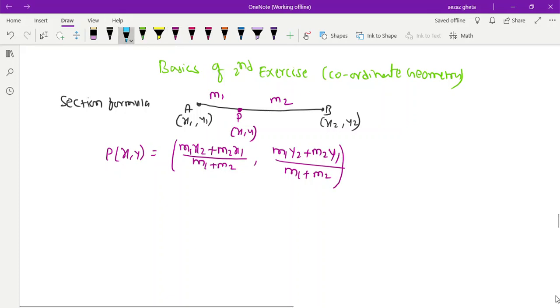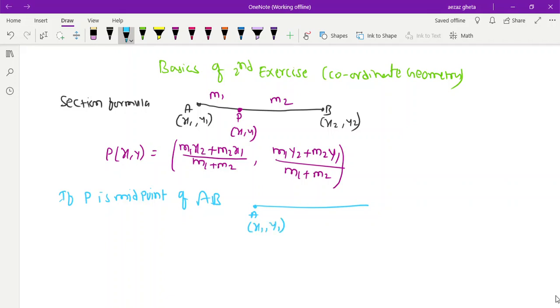Got it? Now if P is the midpoint of AB, like a line segment, where A is x1 comma y1, B is x2 comma y2 and P is x comma y, then the midpoint formula is P of x comma y equals x1 plus x2 divided by 2, y1 plus y2 divided by 2.